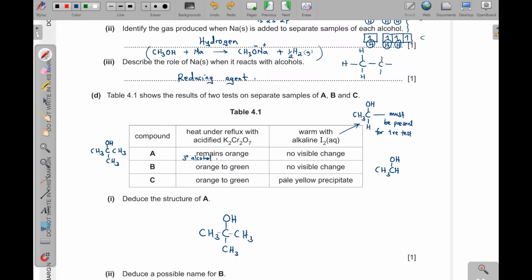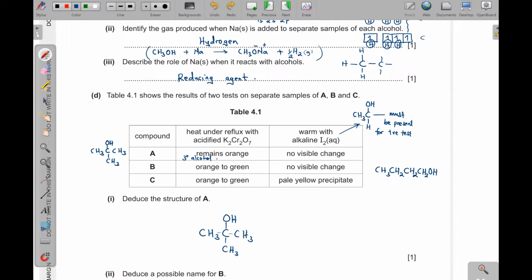So I'm going to draw something like this. And I say maybe this is CH3, then CH2, then let's say there are 4 carbons, then CH2OH. This one can be oxidized to carboxylic acid here, orange to green now, okay?